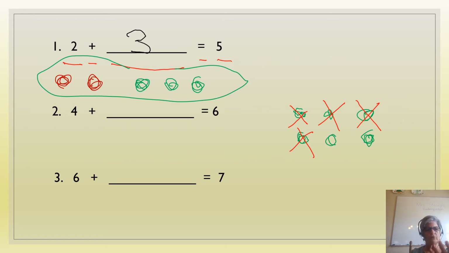I crossed out 4 because 4 was my first number in my addition math sentence. I have 4 already. I want to know how many more make 6. So I took 6. I crossed out 4. Now I need to count how many circles do not have an X on them. Let's count. 1, 2.